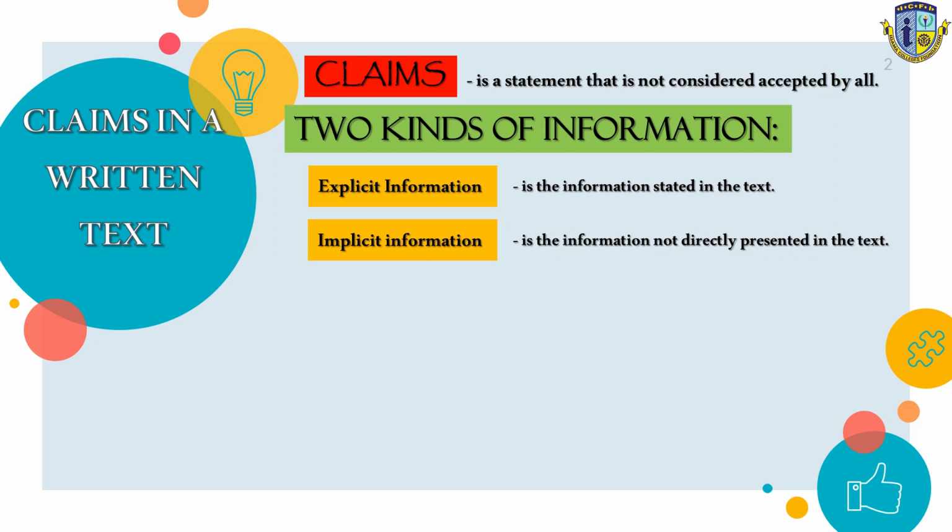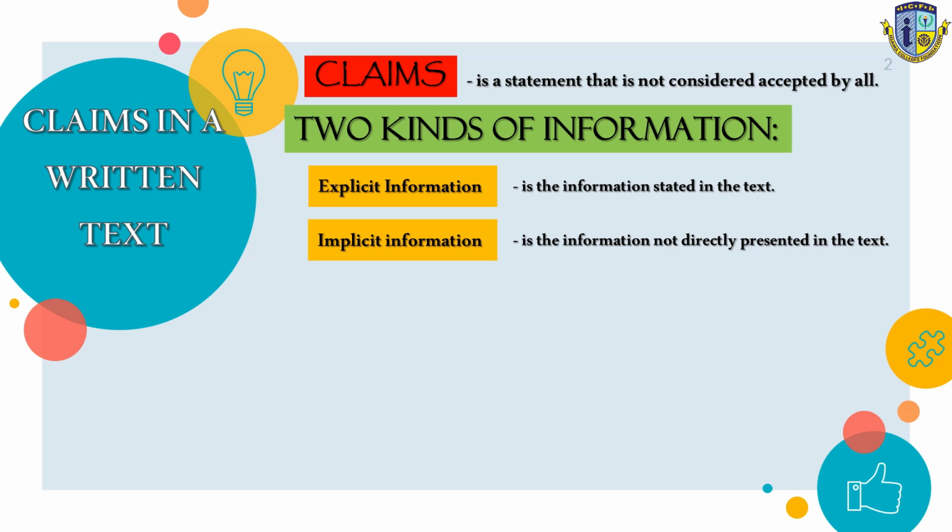Through proper identification of explicit and implicit information, the critical reader can properly evaluate the claim or claims made by an author. Claims state the point or position of an author regarding a certain topic. The claim statement is further proven by supporting details from various resources and reliable evidence.